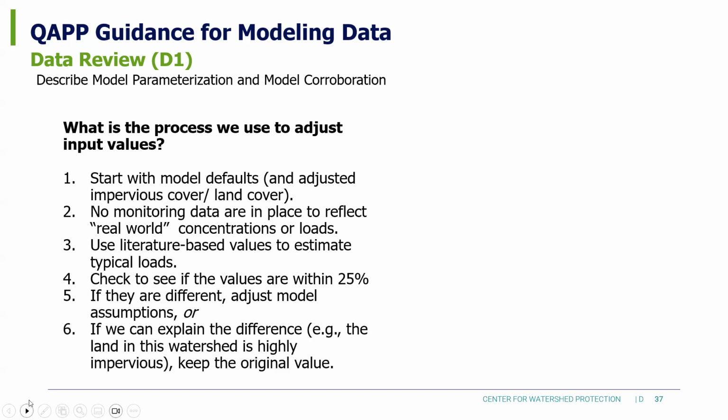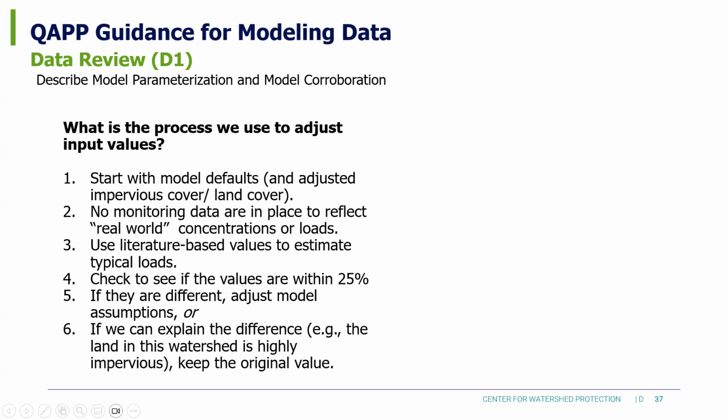For a lot of modeling operations, there's a lot of work happening here, especially if it's a very complicated model. In this case, it was pretty simple. But we talk about what our process is for adjusting our input values. So we really lay that out.